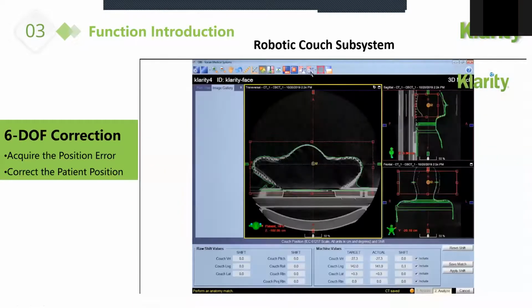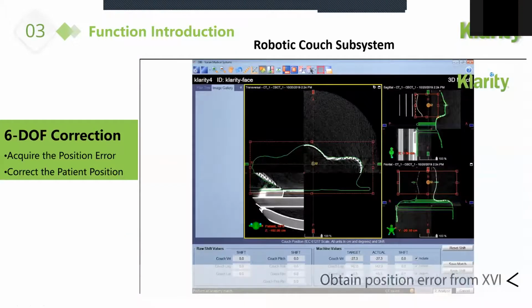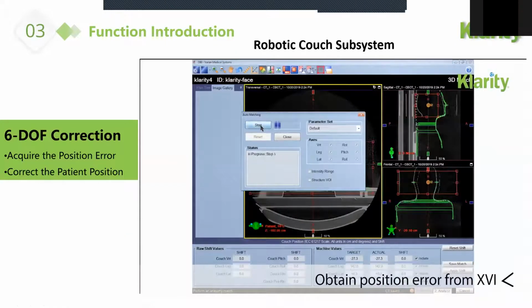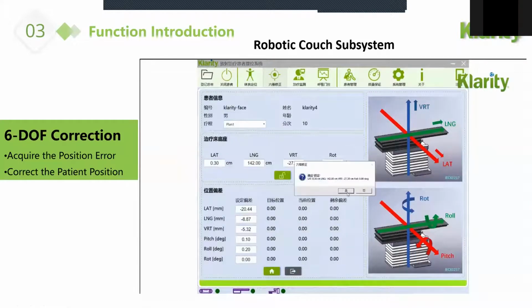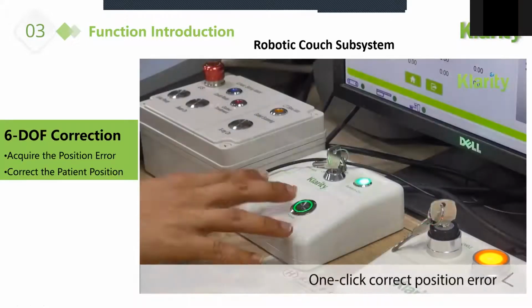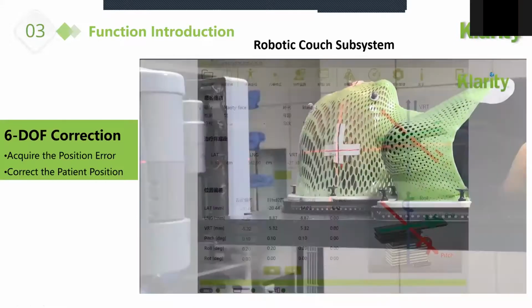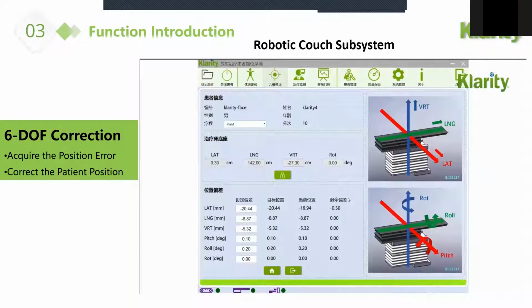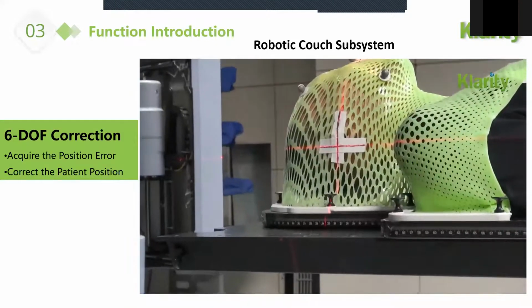We scan the patient with the CBCT. And CBCT sends the position error to the robotic couch, and then we finish the correction with our robotic couch.